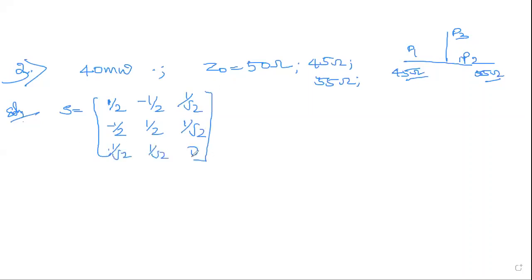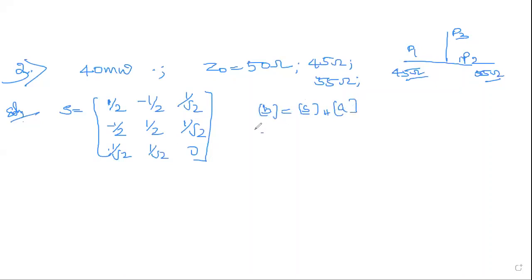So this is the S parameter of the junction. First, write down this equation. And now you know the relation of the S parameter with respect to your input and reflected, that is B equals S into A.